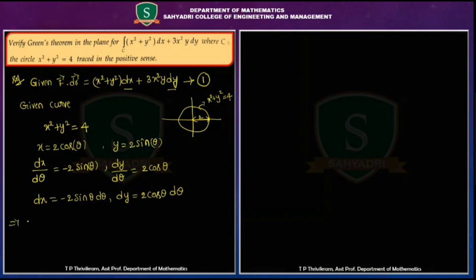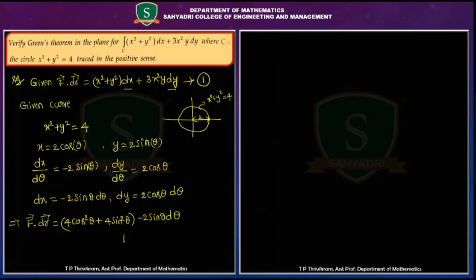So f dot dr is equal to, if you substitute in place of x, you'll get 4 cos square theta plus 4 sin square theta, into dx value, minus 2 sin theta d theta.